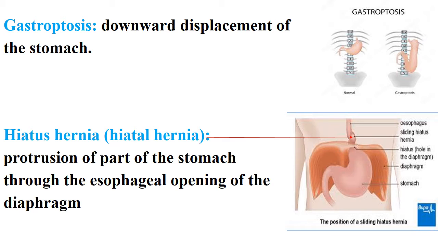Because of protrusion of the stomach through the esophageal opening of the diaphragm. فتحة الدايفرام يعبر من خلالها الإسوفاجس ويرتبط بالمعدة. فالمعدة في بعض الأحيان نتيجة حصول الهرنيا تصعد باتجاه الأعلى.